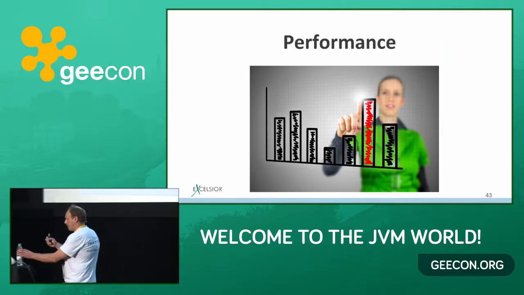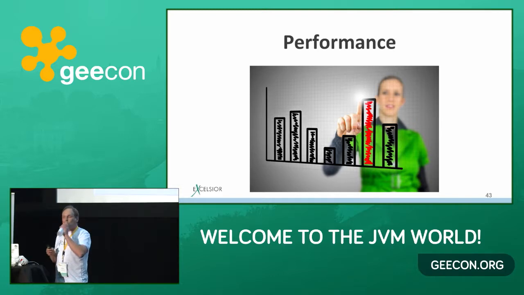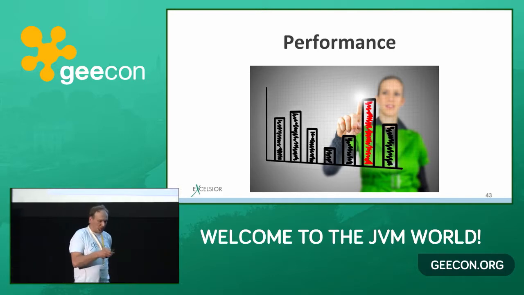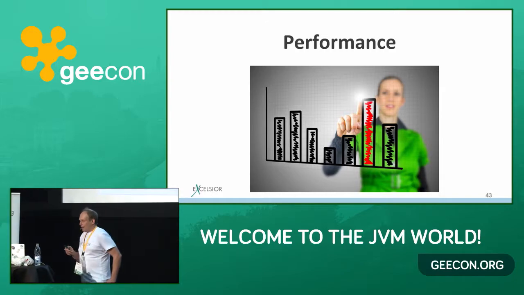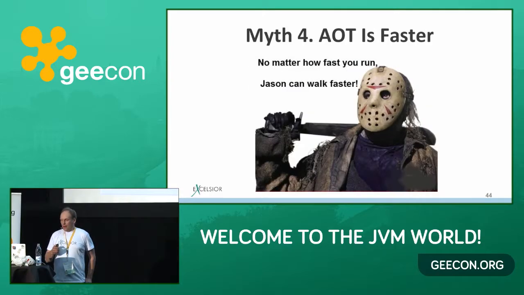Next, let us consider performance. There are 2 opposite myths regarding performance in the JIT versus AOT battle. The first myth is: by compiling Java statically, we are making it equivalent to C. C is faster than Java.